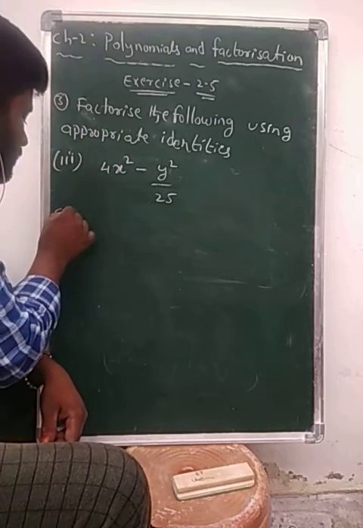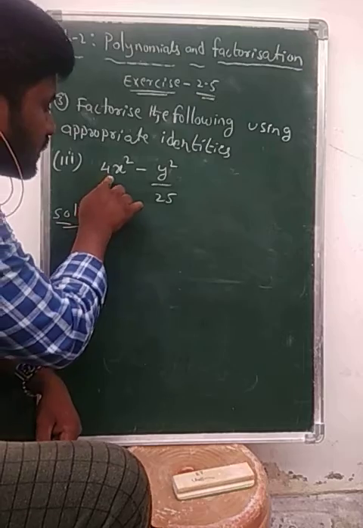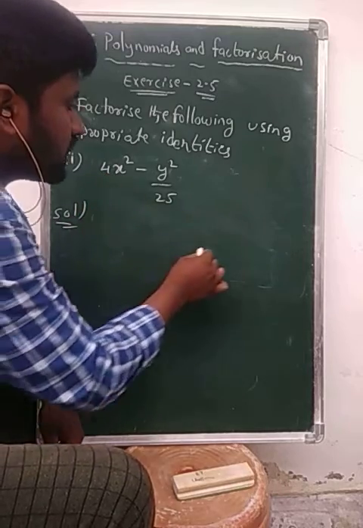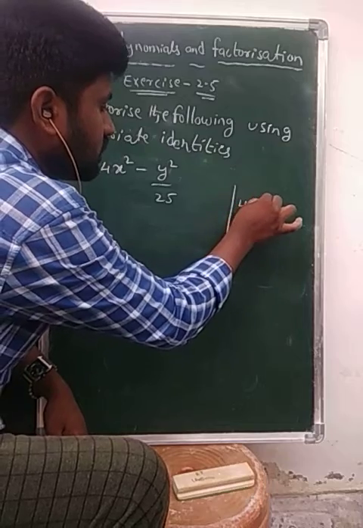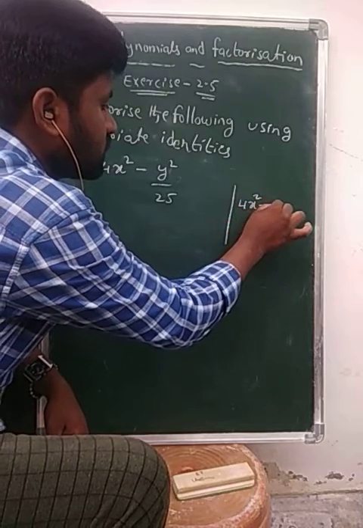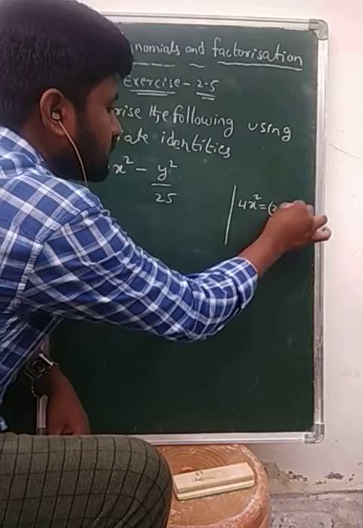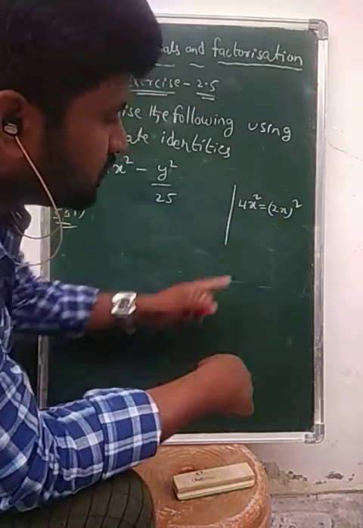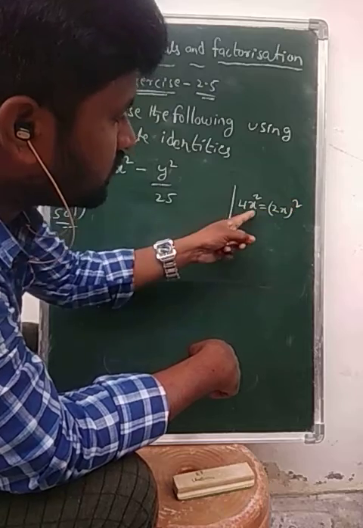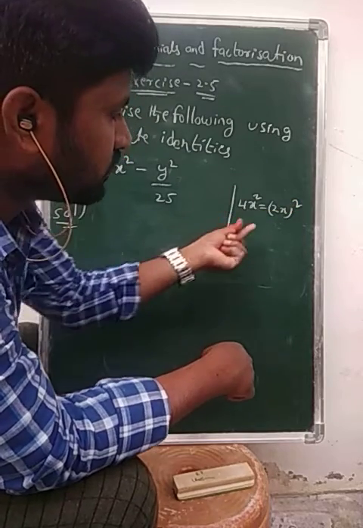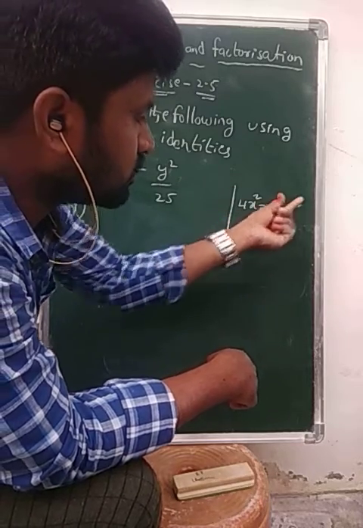We know that 4x square can be written as 2x whole square. Yes or no? 2 square means 4, x square means x square only. Okay? 4x square you can write as 2x whole square.